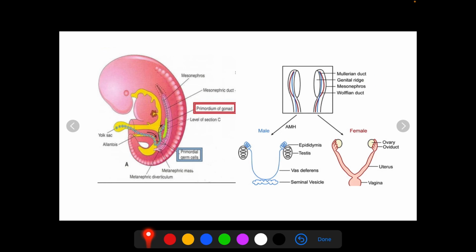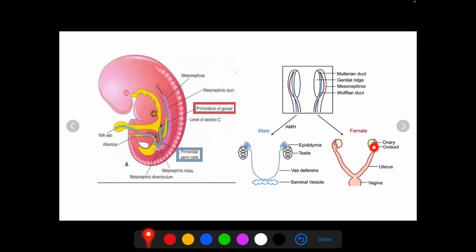If the baby is female, the Wolffian duct will regress, and the Mullerian duct, its proximal part, will form the fimbriae.